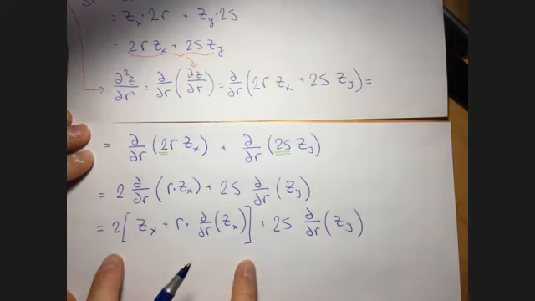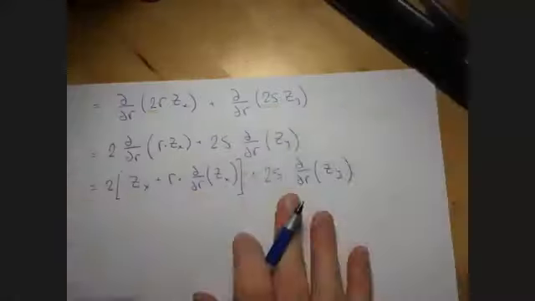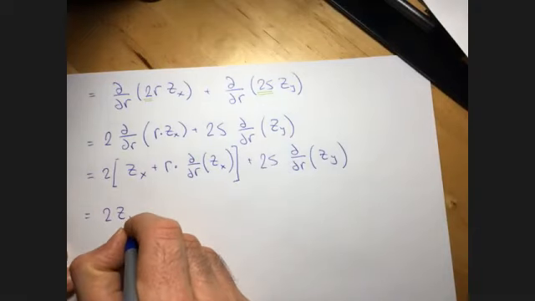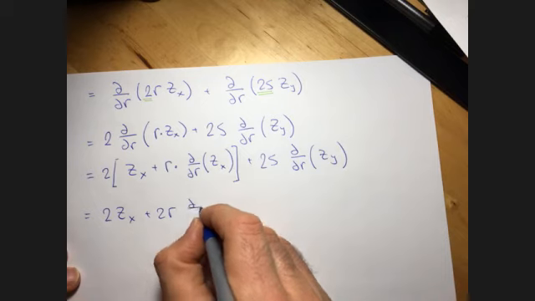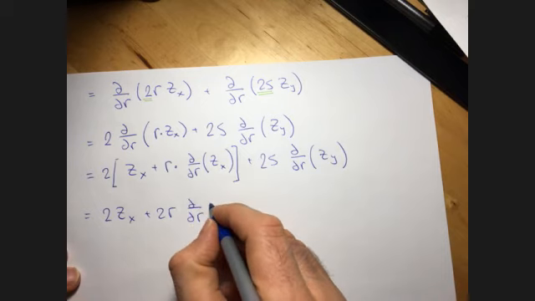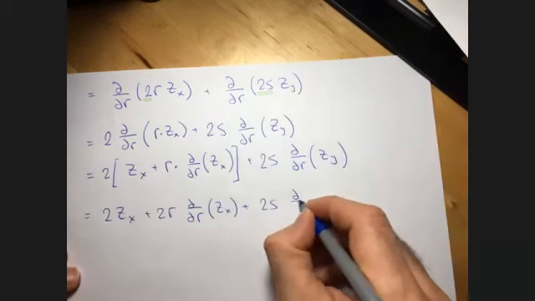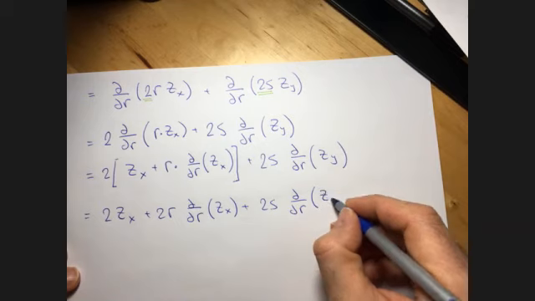And now let's just drop this parenthesis right here. The square brackets: 2 partial z partial x plus 2r, plus 2s, the partial derivative with respect to r of partial z partial y.